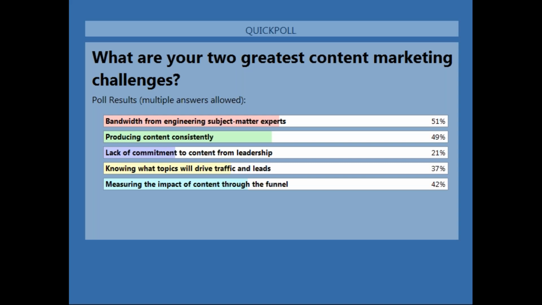So repurposing is a really key way to solve that number 1 challenge. And then producing content consistently, it is absolutely critical that you have personas defined and a very clear content strategy. That will give you the information you need to know exactly what to write about. And then I already talked about measuring the impact of content.